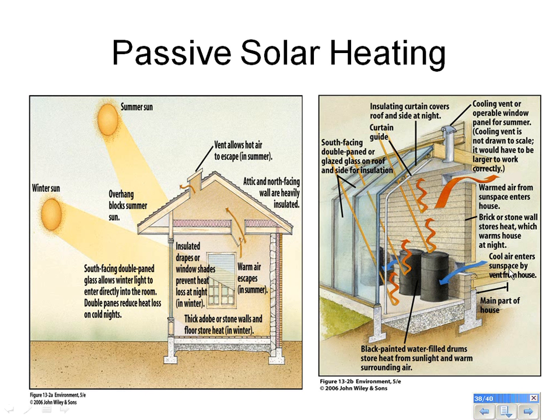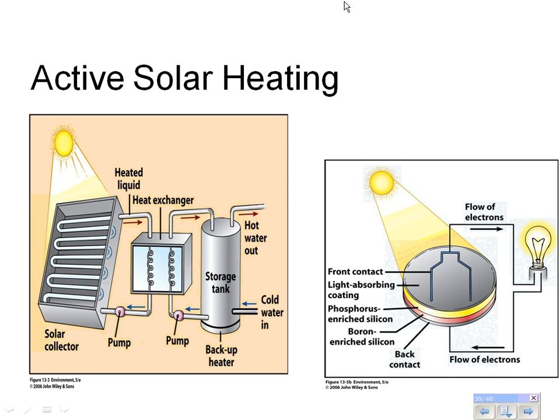Active solar heating, you can see, looks different. This is using a series of devices in order to heat up water. And so many times we have some type of solar collector. This can be on the roof of a home. There could be a heated liquid like oil that's going to run throughout these tubes.